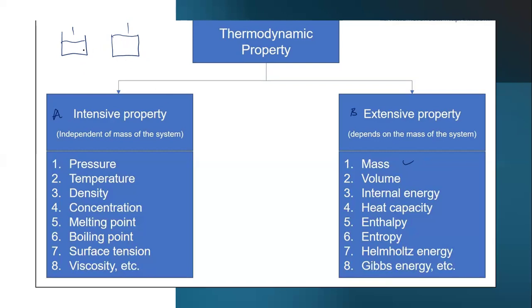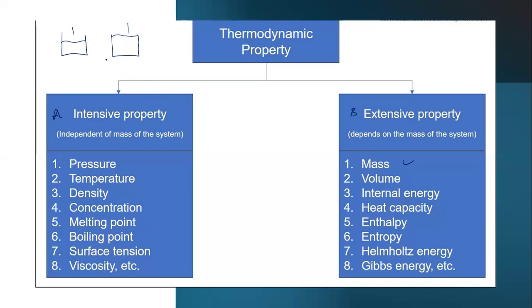Why? Because whatever you see here inside of these two containers, when you put them on your weighing balance, it's going to be different because here we have a larger amount of this substance. Therefore, the mass will be high. You see, the mass depends on which one is large. The one that looks larger will have the greater mass. You understand?